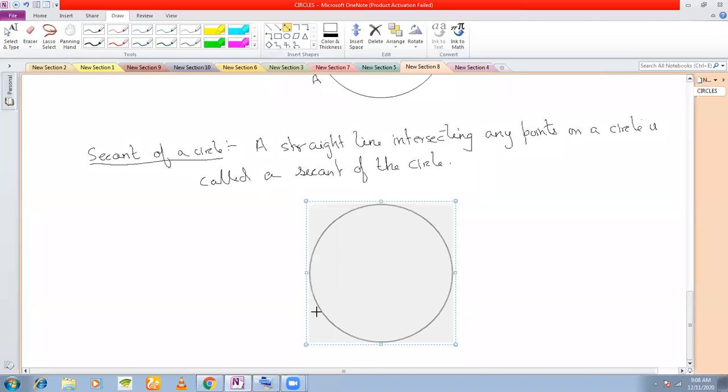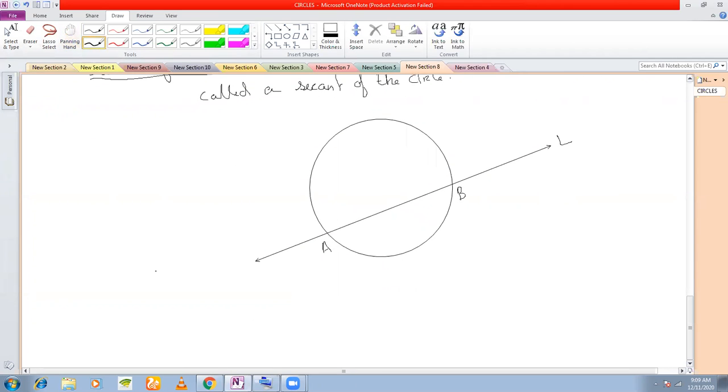This is a circle. This is how a secant looks like. It has a line of any length. If you take this line segment AB, then this becomes the chord. But this straight line itself, if I call this line L, then line L is called the secant of a circle. It has infinite length. So here L is a secant of a circle.